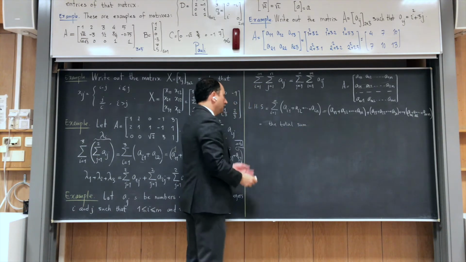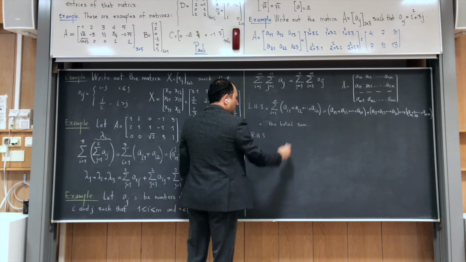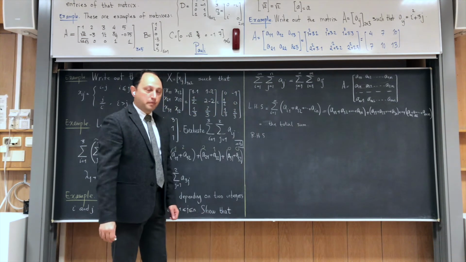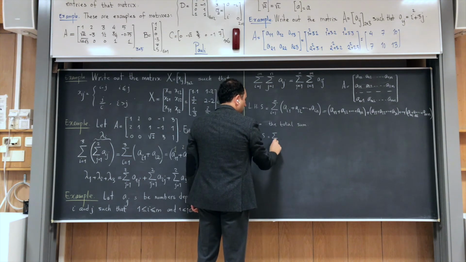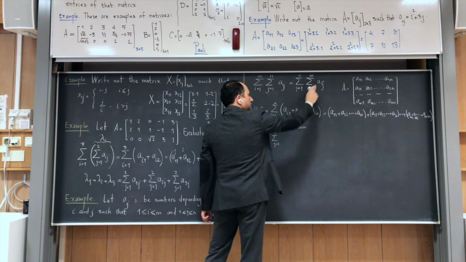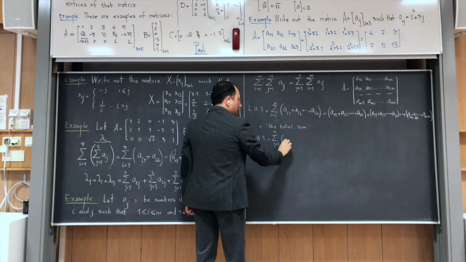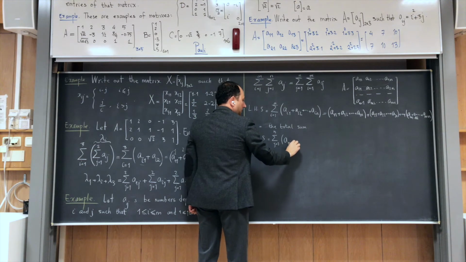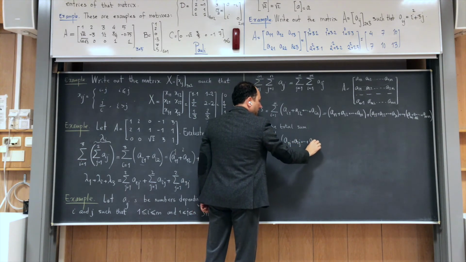But immediately you can convince yourself that if you calculate the right-hand side, it will also give you the total sum. Why? Because now the right-hand side is j goes from 1 to n, but now I open this sigma first, running i from 1 to m. So it becomes a1j, a2j, up to amj.